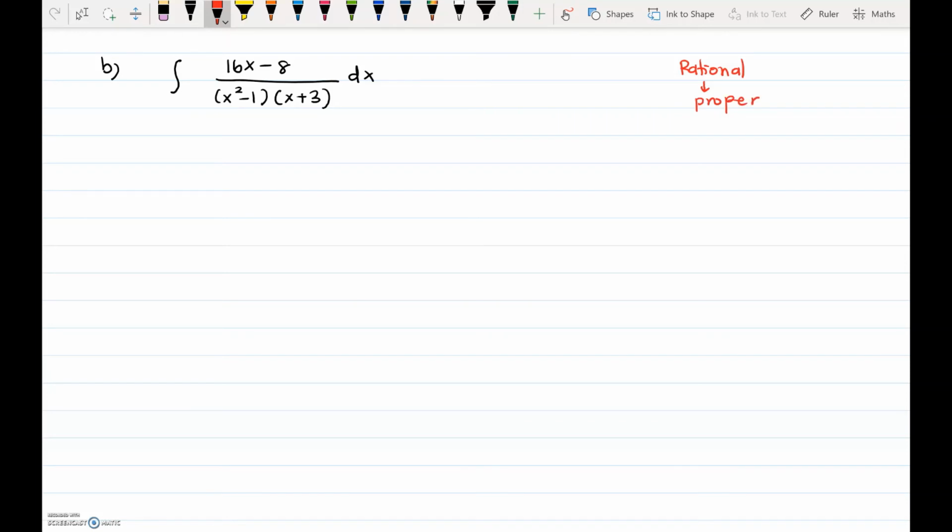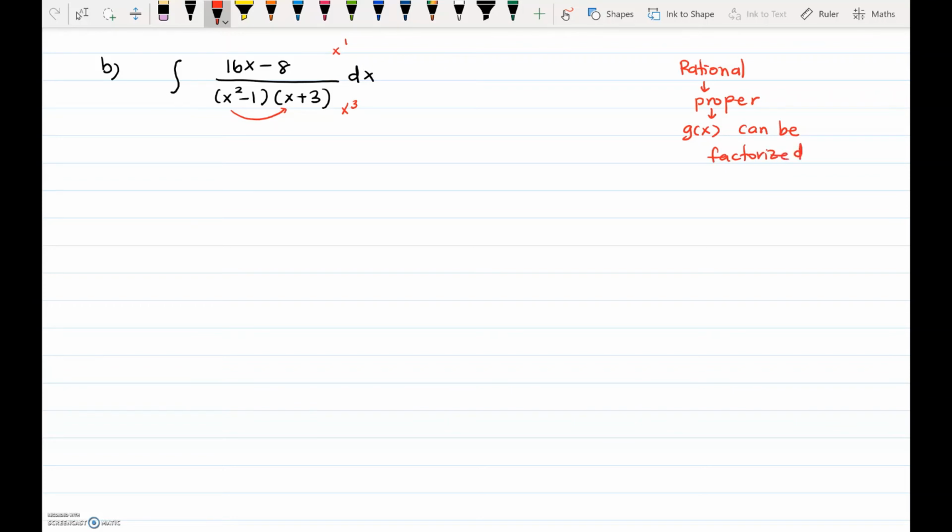In the denominator, when you expand, the highest power is x to the power 3, and the numerator is x to the power 1. Then continue next, identify your denominator. In this case, obviously the denominator can be factorized because it is written in the form of factors, so your g(x) can be factorized.